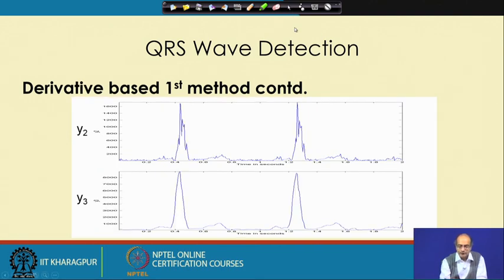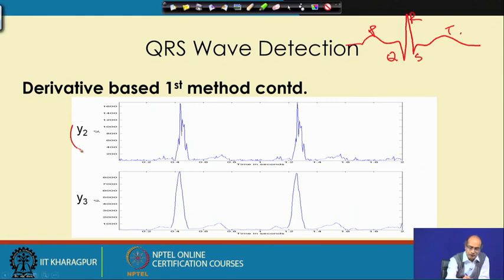After combining this y0 and y1 with the weighted averaging, we get this signal, that is y2, and it becomes less jagged, but still we see a lot of local peaks. It is not very prominent which one is the location of that R.